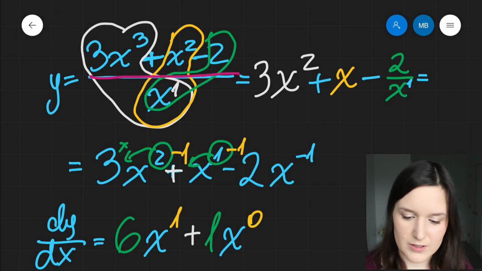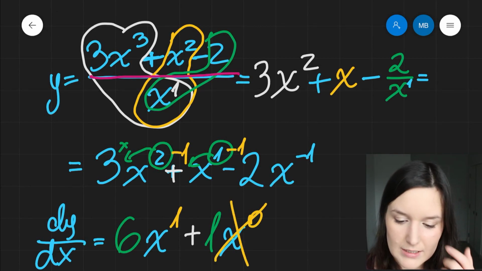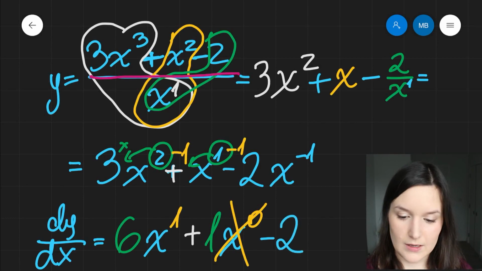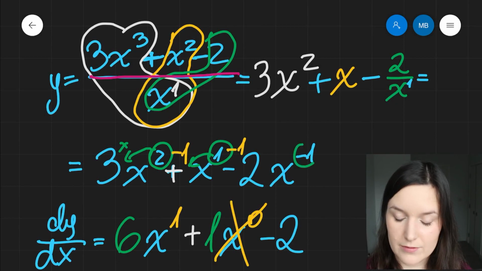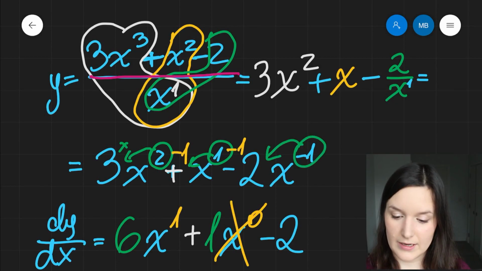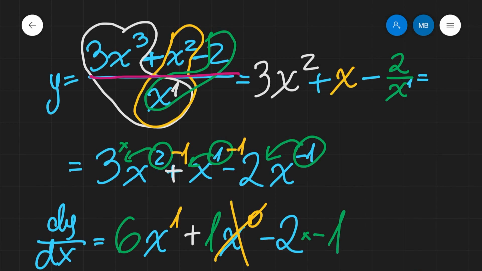So x to the power of 0, I don't have to bother, it will be nothing. Minus 2, and x is to what power? Well, first of all, I have to take the power minus 1 in front of everything, so it will be times minus 1. And x, I have to subtract 1 from the power. Minus 1 minus 1 is minus 2.